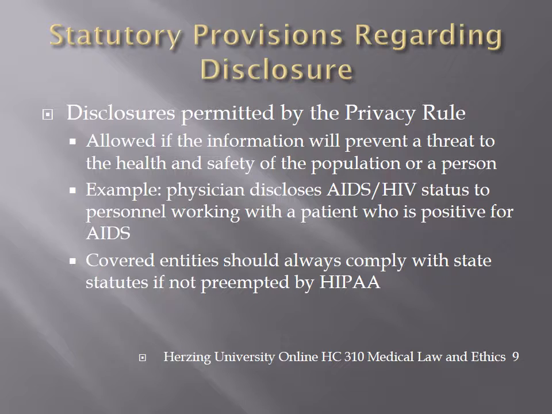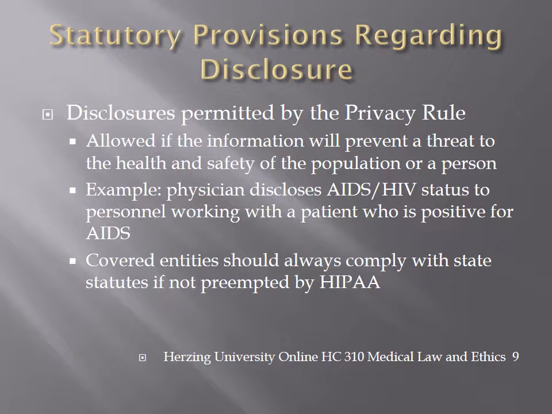Statutory provisions regarding disclosure. There are a number of disclosures permitted under the privacy rule. For instance, disclosure is allowed if the information will be necessary to prevent a threat to the health and safety of the population or a person.